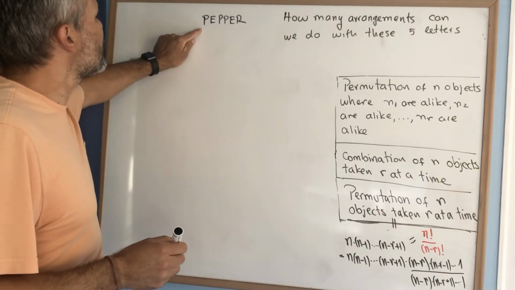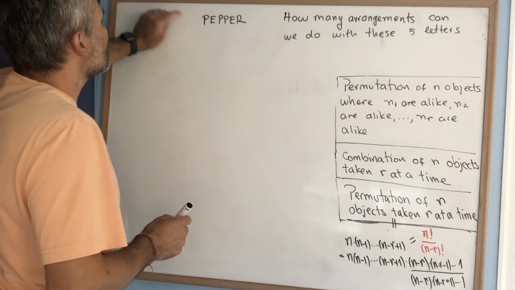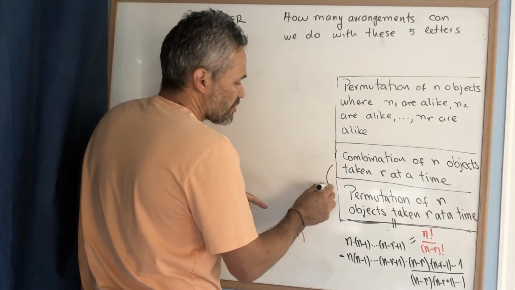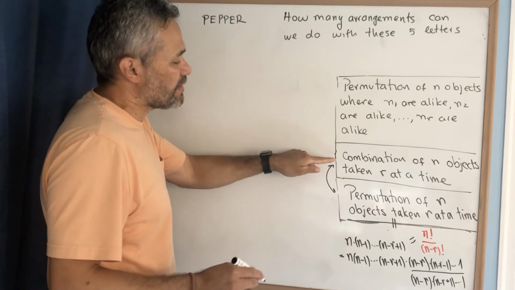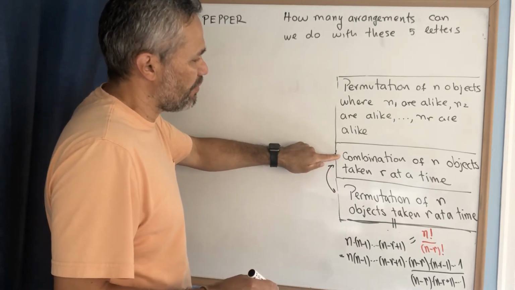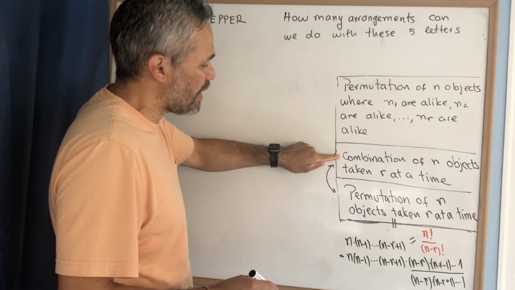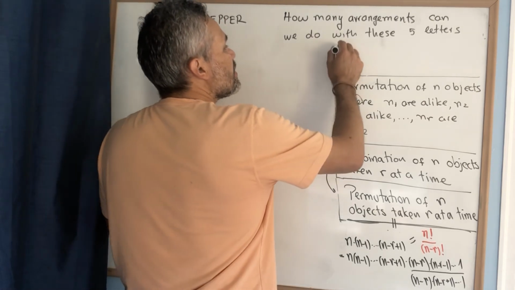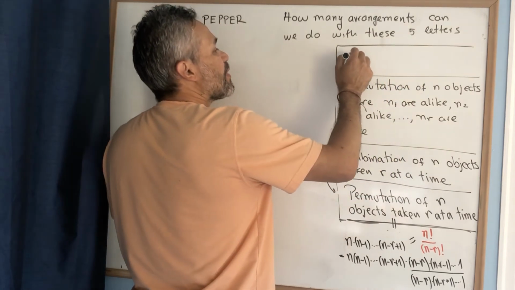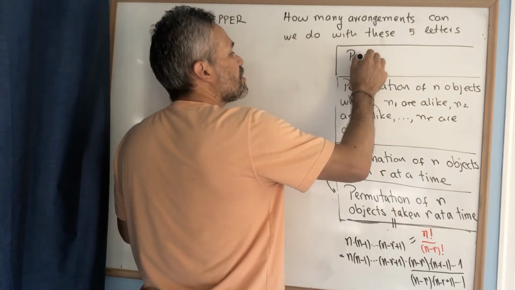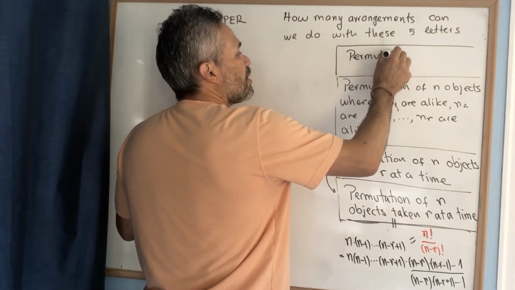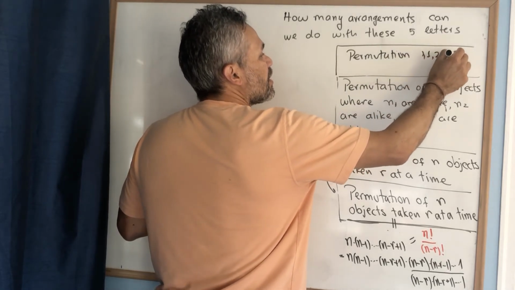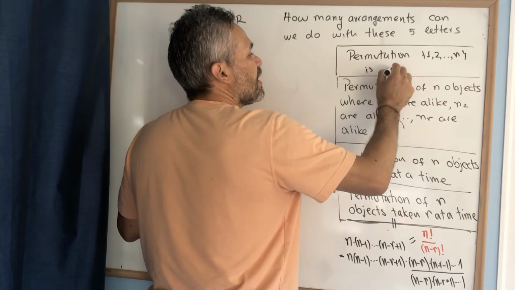Okay, to do this problem, we are going to do a different problem. We're going to do something similar to what we did to find out the number of combinations of N objects taking R at a time. But now we're going to use the fact that the number of permutations of N objects is N factorial.